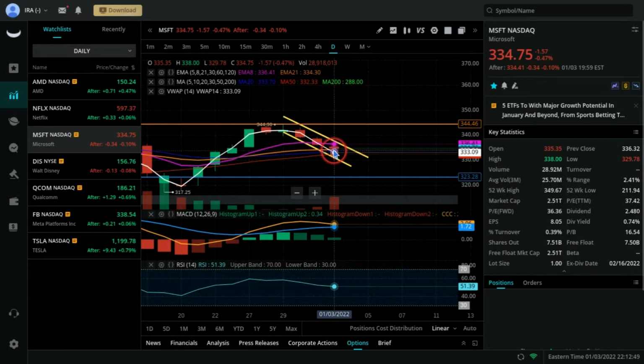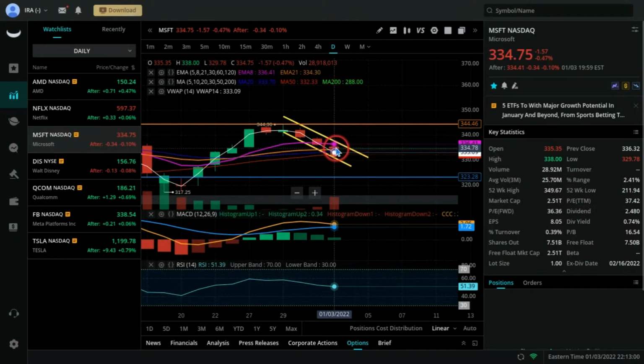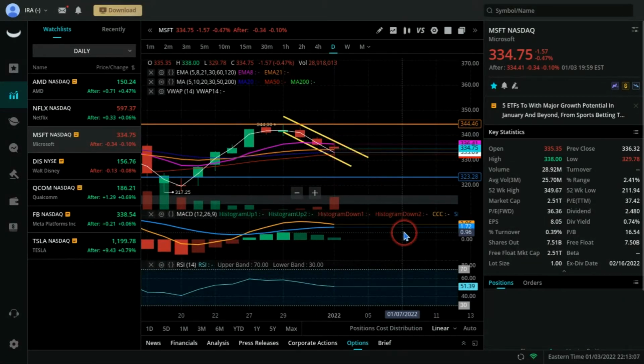The wick at the bottom is longer than the top, so there were more buyers there. Even though the candle's red, because it came all the way down and had some tracking back to do, it was more of a bullish doji to me.